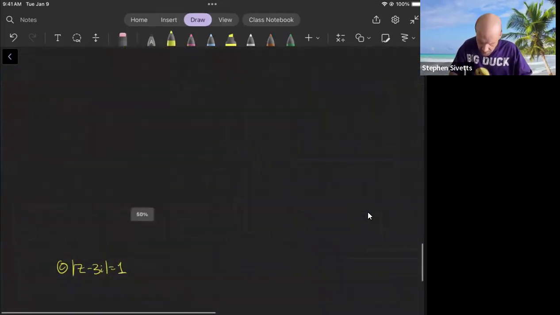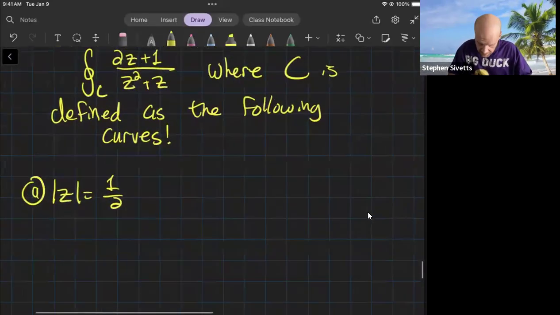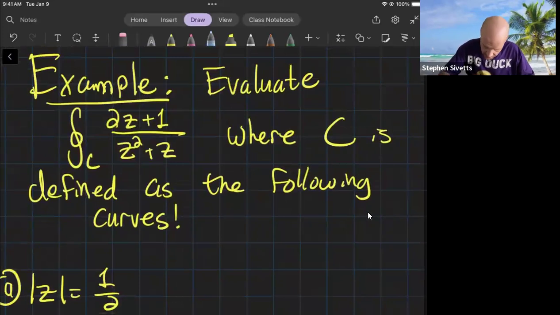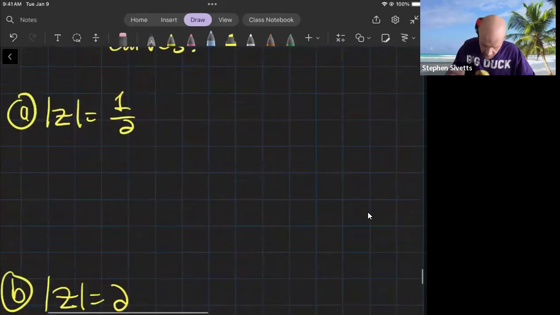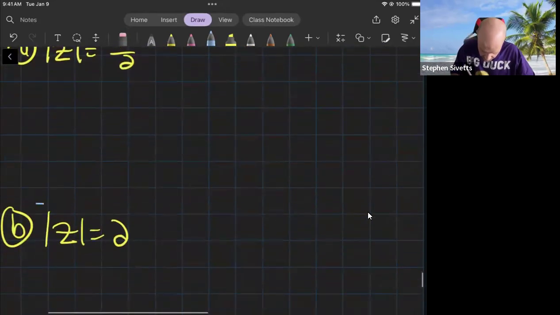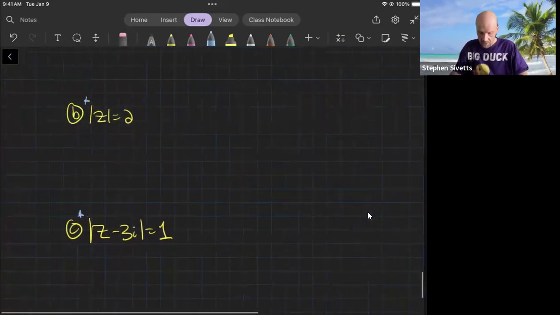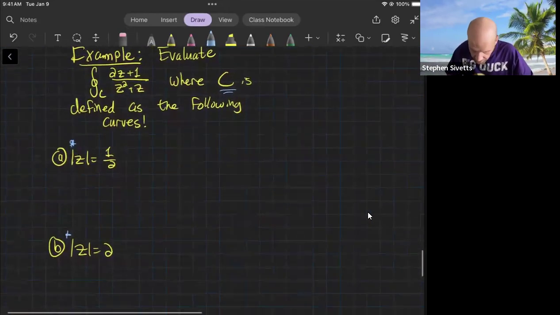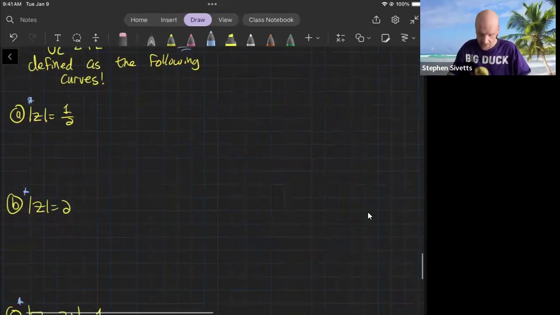So what you need to do is evaluate this line integral where the closed contour is defined as these closed contours: the modulus of z is 1/2, the modulus of z is 2, and the modulus of z minus 3i is equal to 1. So try to work on these, and we'll see what you came up with as your answers.